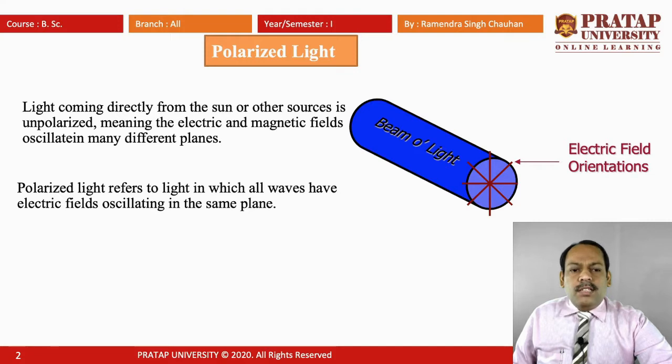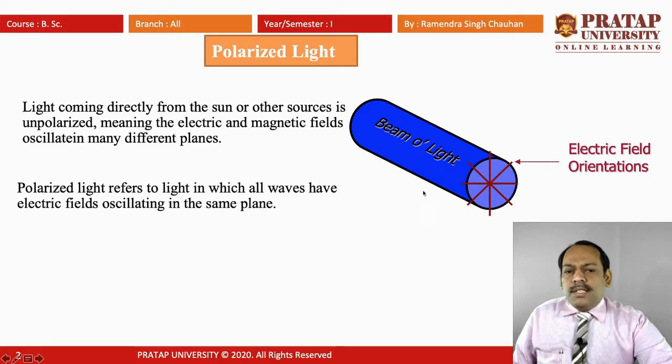So we can say that the vibrations of electric vectors are along all the directions in space. We can see in this diagram the vibrations along these directions, but there are vibrations in infinite directions. So these are the electric field orientations shown here, that is, the directions of vibrations of the electric vector.